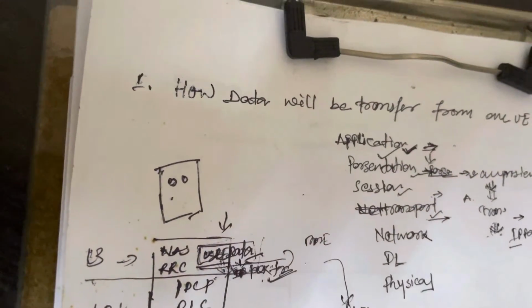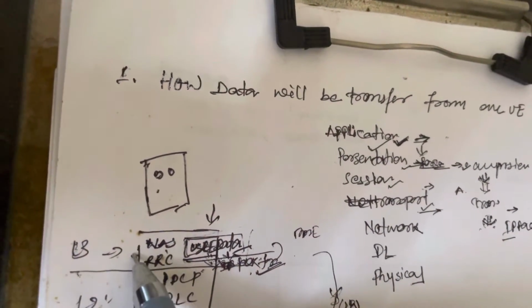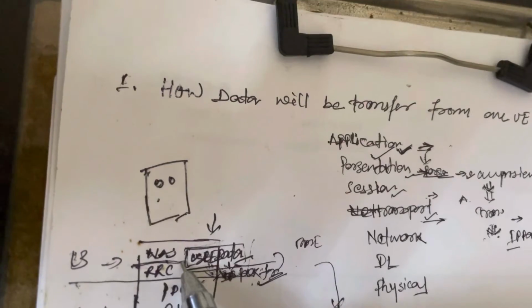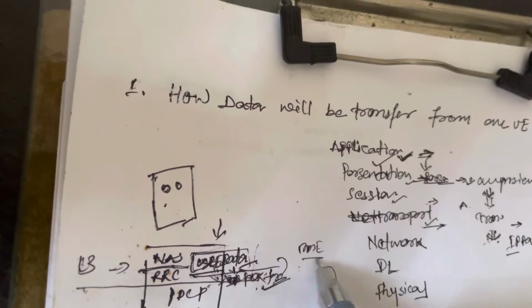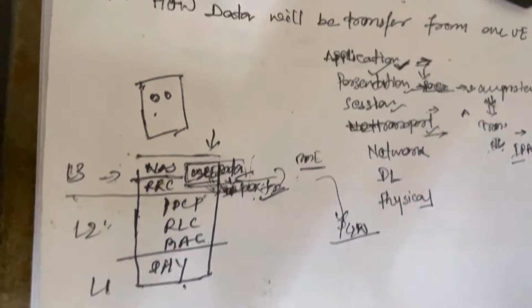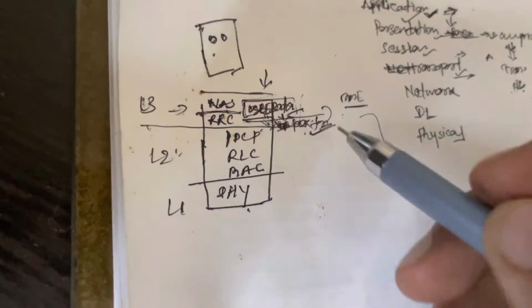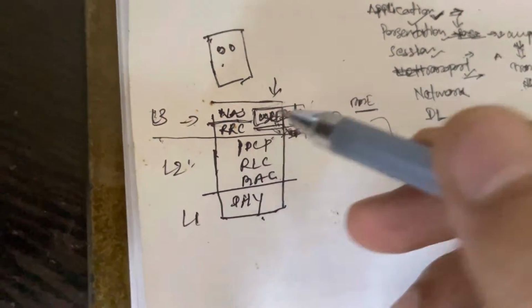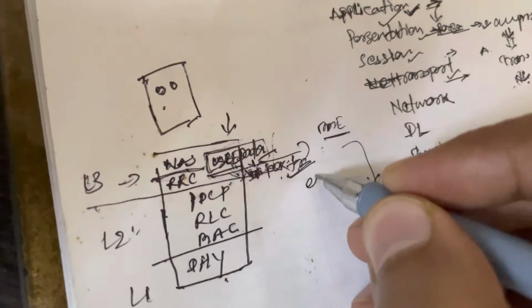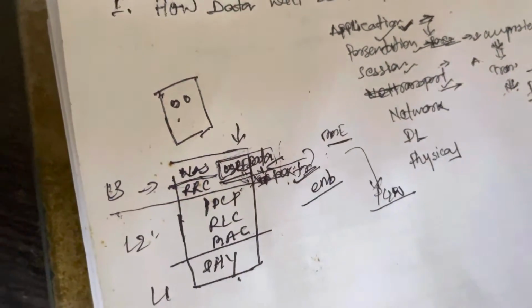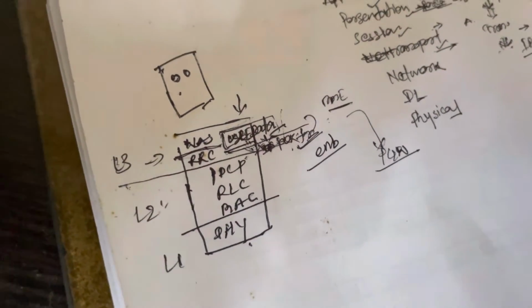So see, first you can understand that through the NAS protocol the UE will communicate with the MME, but without the eNodeB the UE cannot communicate with the MME.